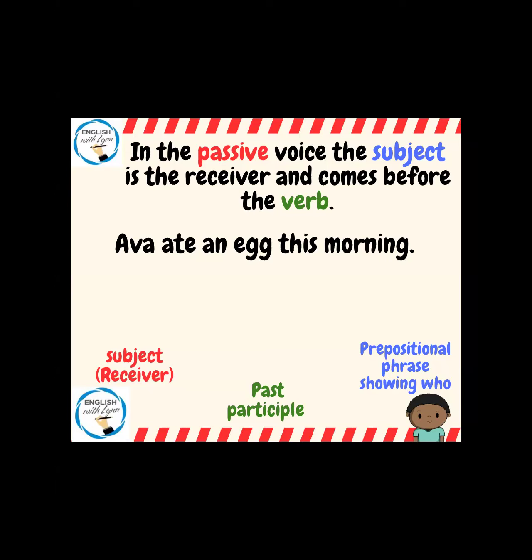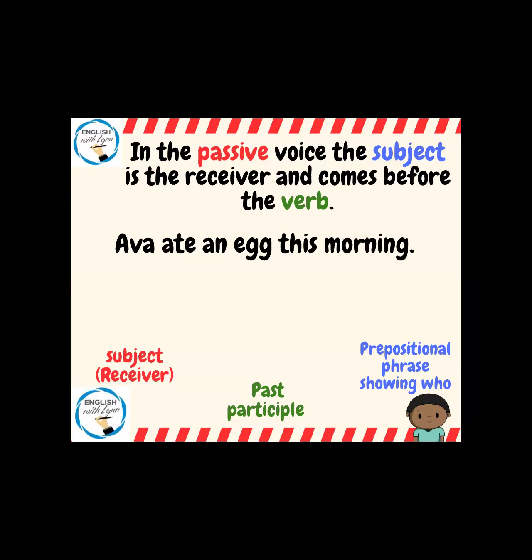So I need to put an egg first of all, and then I need to think about my verb formation. And because I am using the past simple in the example, my answer still needs to be in the past simple. I can't change it, okay? So it needs to stay in the same tense. So I need to put was, and then I need my past participle, so eaten.